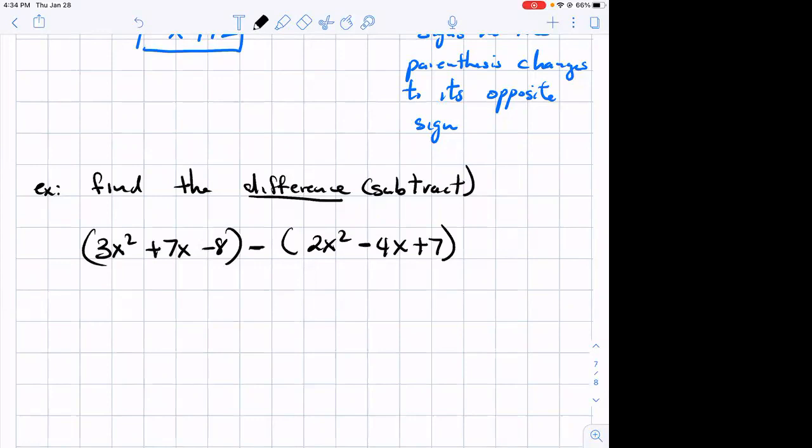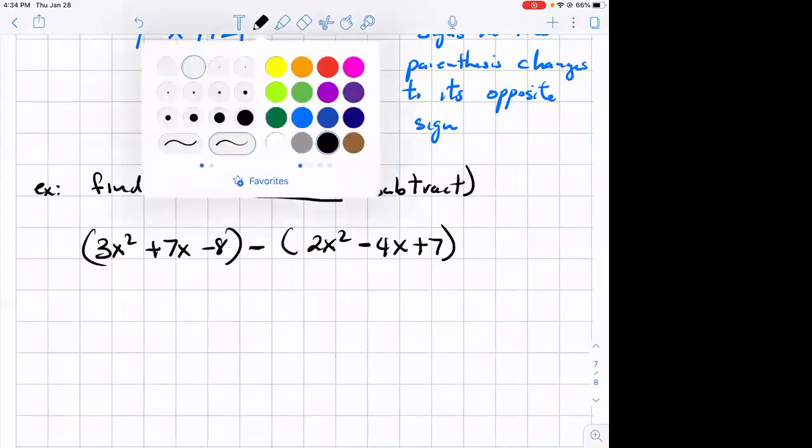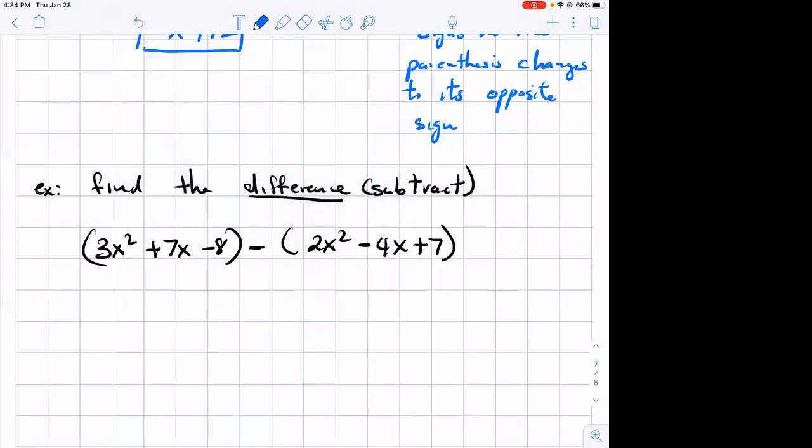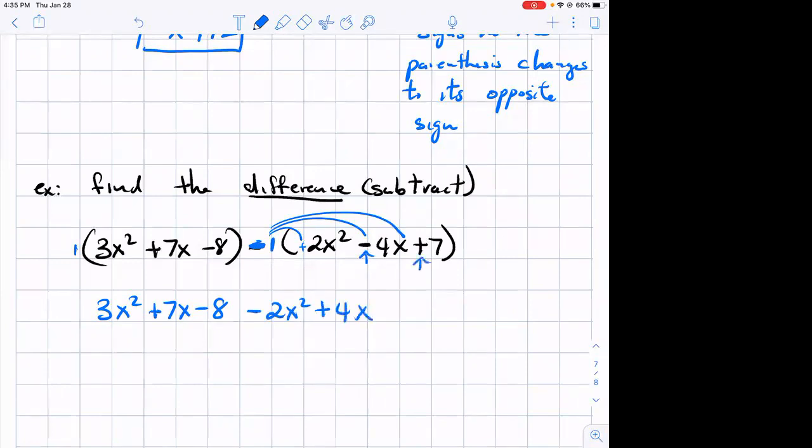If we get rid of the parentheses, that invisible 1 there, as I said, it's a +1, so nothing in the parentheses will change. But because of this -1 here, all of the signs inside of the parentheses will change. So instead of a plus, it becomes minus 2x squared. Instead of a minus, it becomes plus 4x. Instead of a plus, it becomes minus 7.